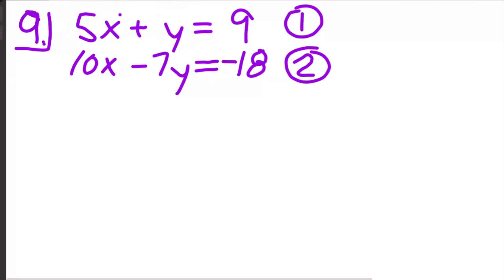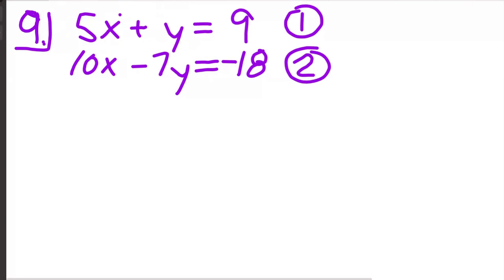Well, next order of business would be, can we multiply one of the equations, either number 1 or number 2, by some kind of factor on each side, so that then we would get a 10x and a 10x, or a 7y and a 7y? Well, let's see. We could do one of two things.